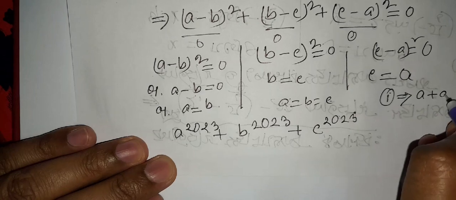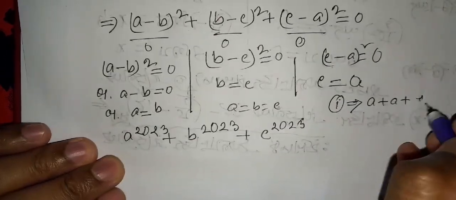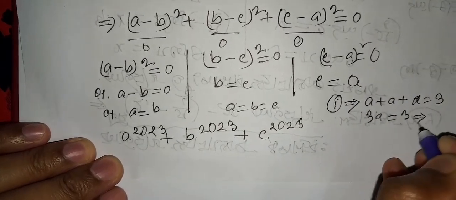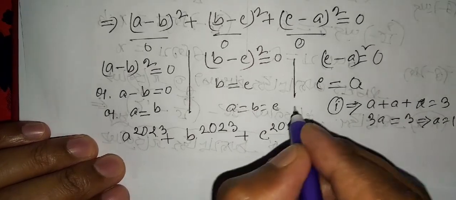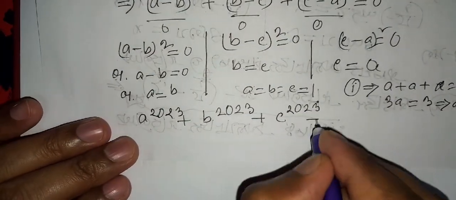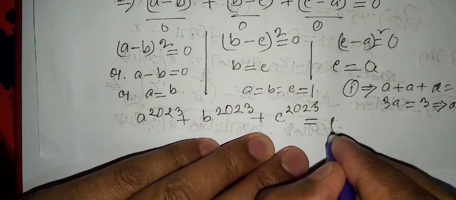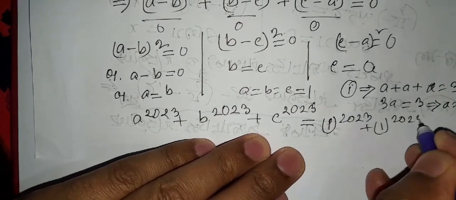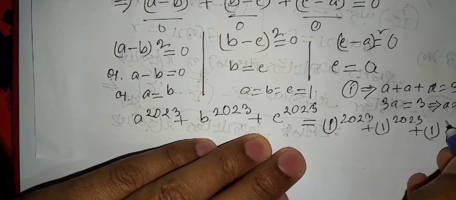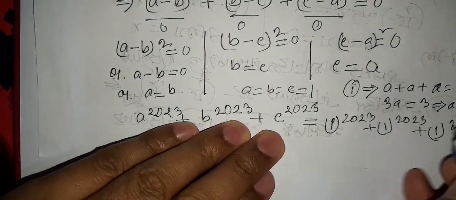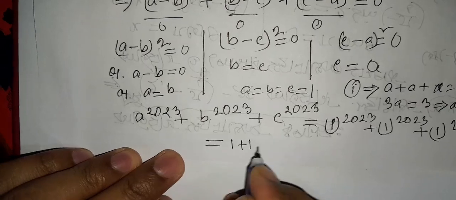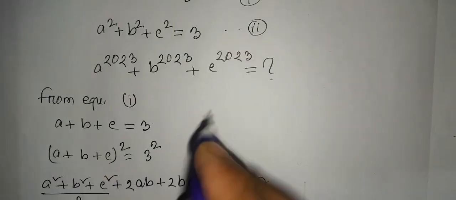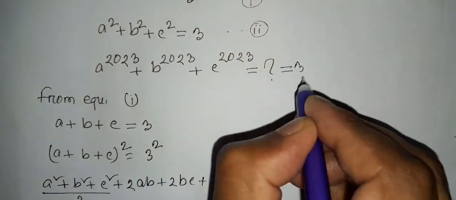So a plus a plus a is equal to 3, 3a is equal to 3, then a equal to 1. We can write here 1 to the power 2023 plus 1 to the power 2023 plus 1 to the power 2023 is equal to 1 plus 1 plus 1, which is equal to 3. So the answer will be 3.